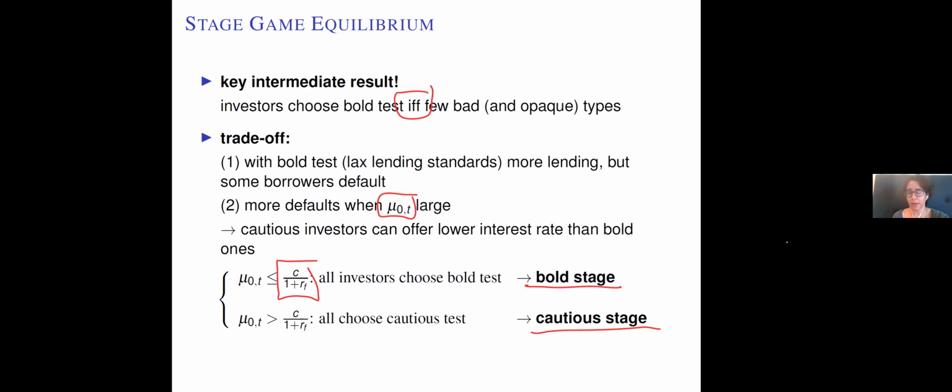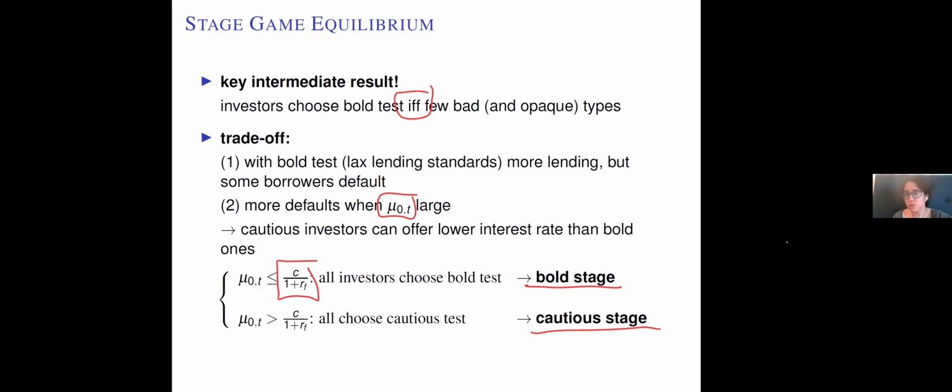Let me step back one second here and say I am only focusing on one case of the model, what we call a two-stage economy. The talk will be focused on a two-stage economy, except one slide where I will also walk you through what's called a three-stage economy. Every cycle in the model is either two-stage or three-stage.